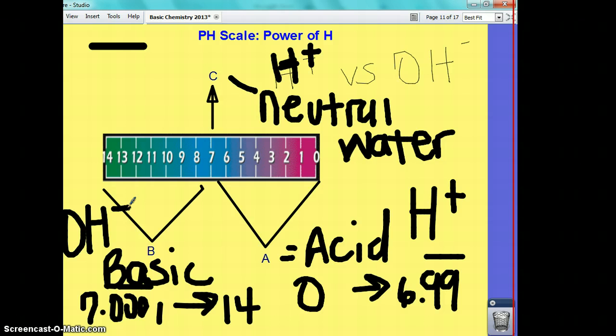What's more acidic, 3 or 5? Raise your hand if you can answer that. 3. The lower you go, the more of an acid you are. So a pH of 0 is much more acidic than a pH of 4. Okay? If you go this way, what happens? Raise your hand if you can tell me that. The more basic you get. The more basic you get, and the more what?